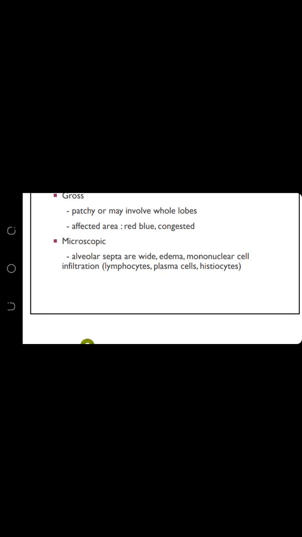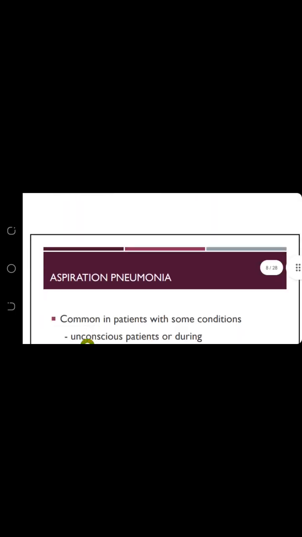You see some inflammation and swelling, mononuclear, where you find just one nucleus within the cell. Then also cells that infiltrate, where you have monocytes, plasma cells, as well as histiocytes. So these are the cells that can be observed.